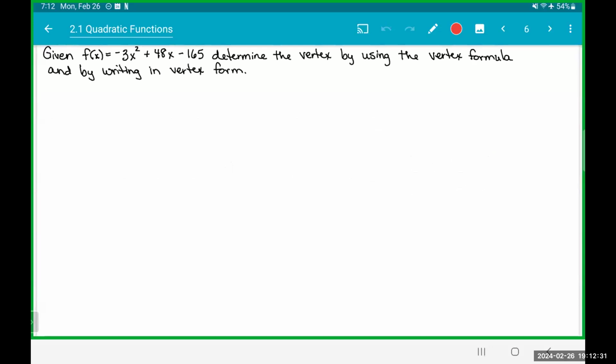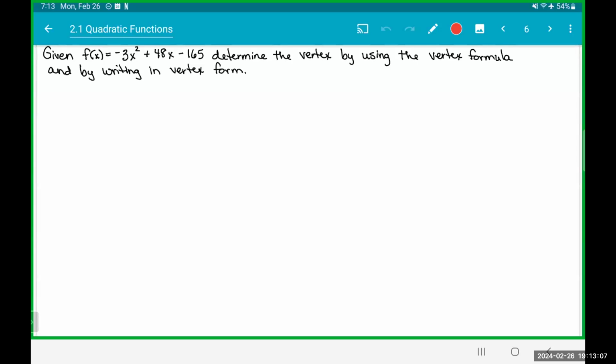Here we're given negative 3x squared plus 48x minus 165. And we're asked to determine the vertex by using the vertex formula and by writing the vertex form. To write the vertex form, we're going to need to do completing the square, so we'll get a little more practice with that. But to determine the vertex first, we're going to use the formula we were given on the previous slide.